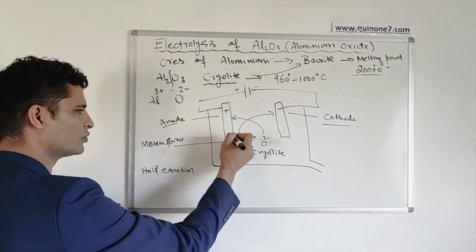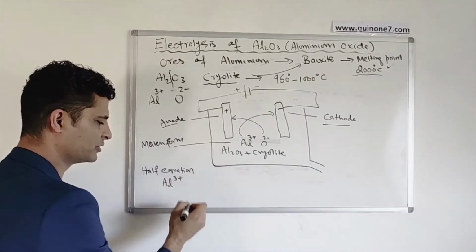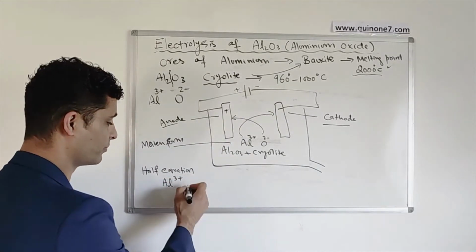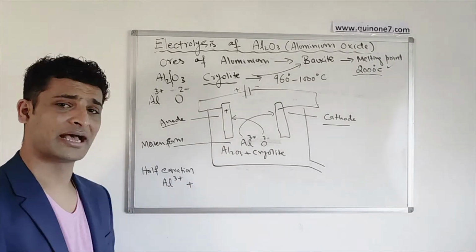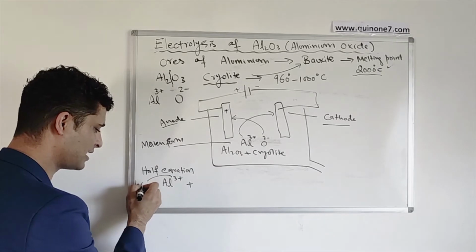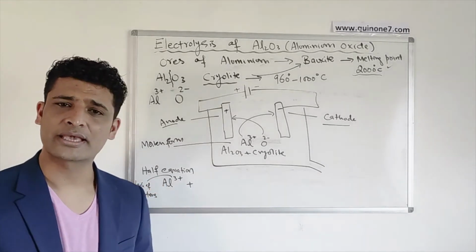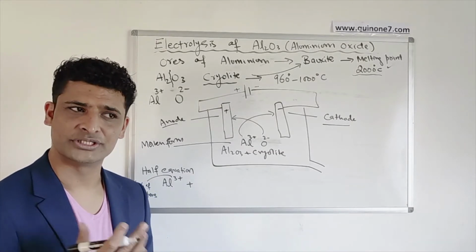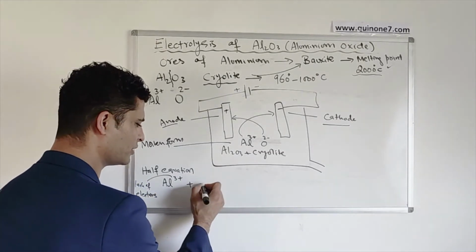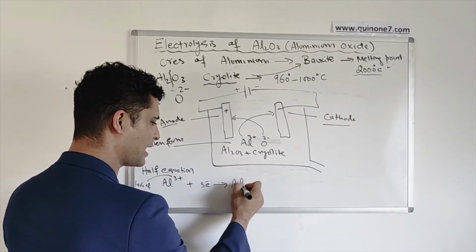If aluminium goes on to the cathode, aluminium is in the 3+ ionic form, and it has a lack of electrons. This positive sign means it has a lack of electrons, so it has to gain those electrons to make a pure aluminium atom, which is a metal. The moment it gains 3 electrons, it will make aluminium.